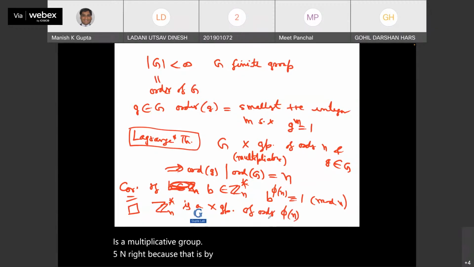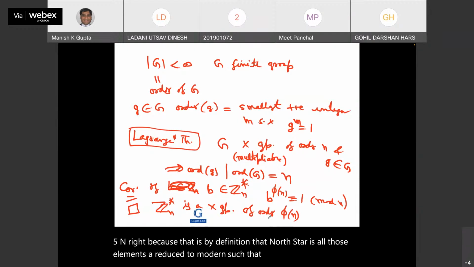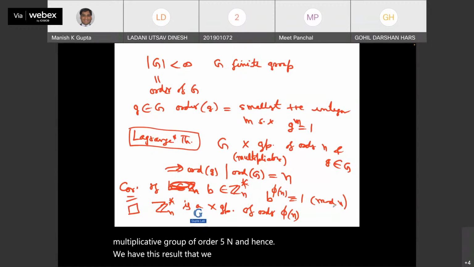Zn star is all those elements a reduced modulo n such that GCD of a and n is 1. And how many such elements are there? Phi of n. So Zn star is a multiplicative group of order phi of n, and hence we have this result that b raised to the power phi n is congruent to 1 mod n.